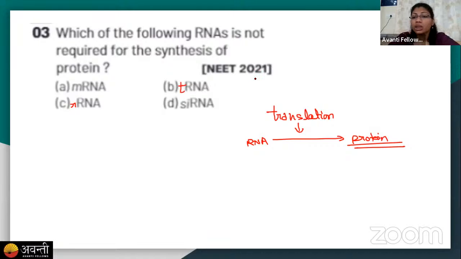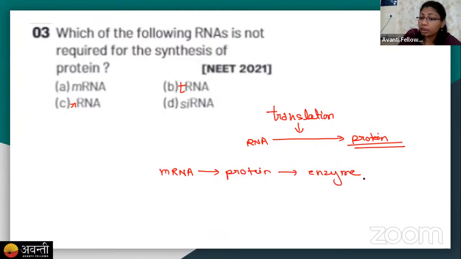Okay, so you can give your answer in the chat box if you have done the question, or you can wait for the poll. So as you have already given the answer in the chat box and you have opted for option D, let's check it out. Option A is mRNA. We know that mRNA is our messenger RNA, which is used for the synthesis of protein, which will further give rise to the formation of enzymes.